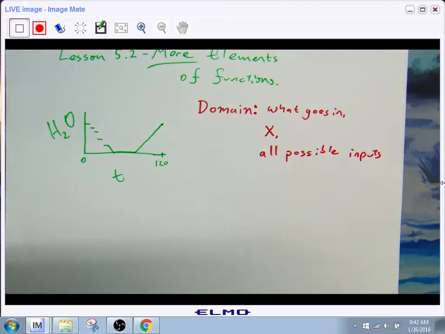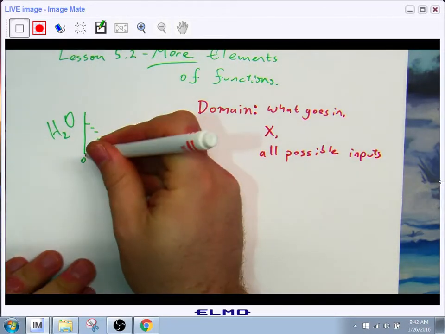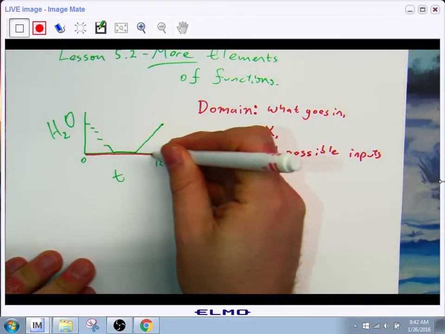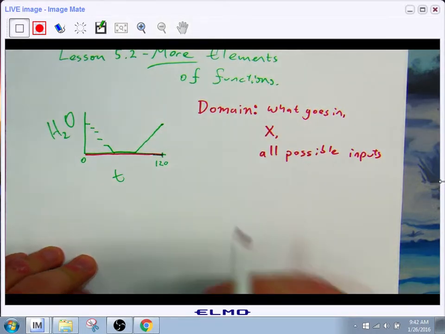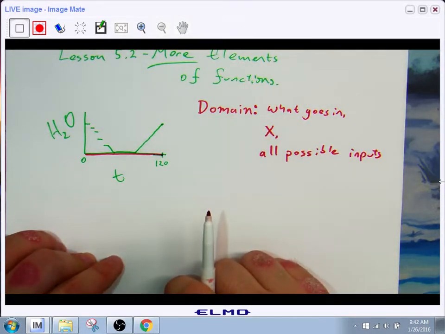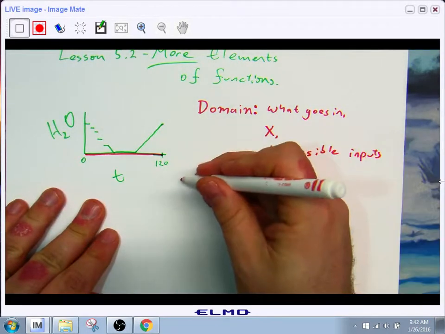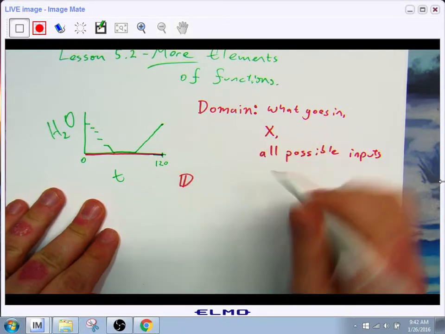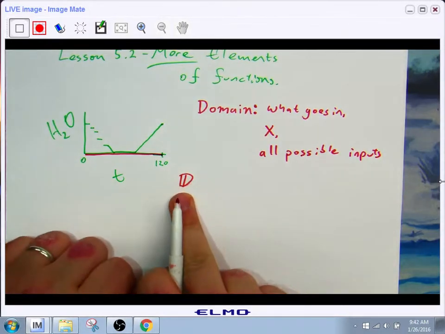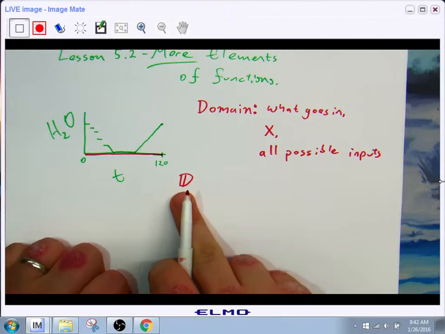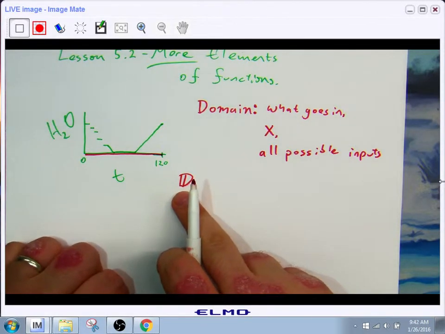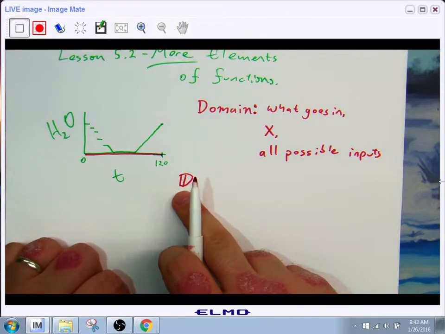This is all of our possible inputs. All of this here. All of that in the red. How we would say that is we make this funky D. It just kind of has 2 lines on that left side. That funky D stands for domain.